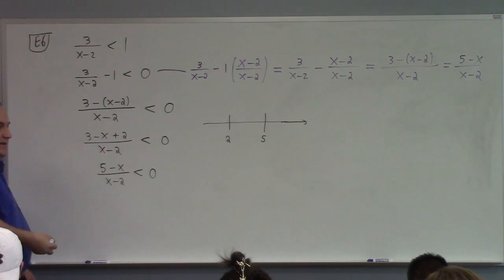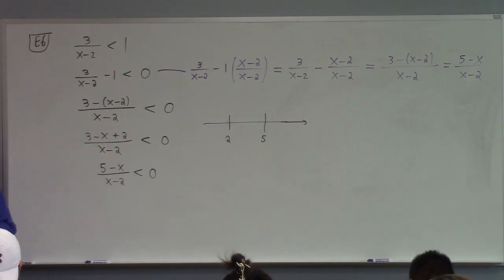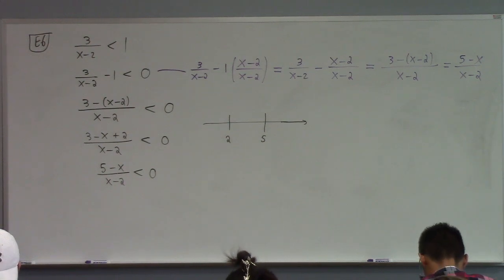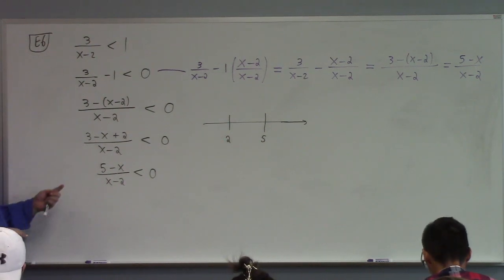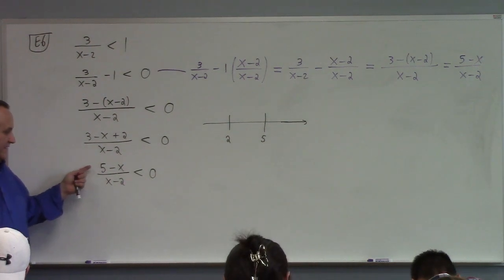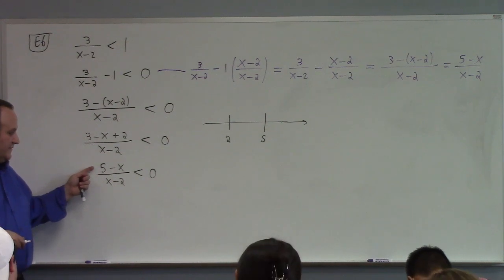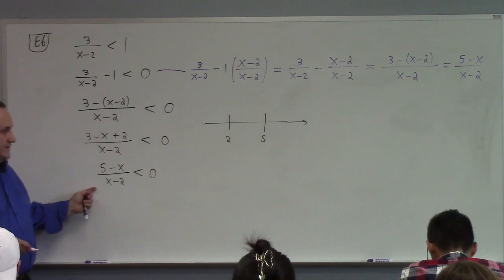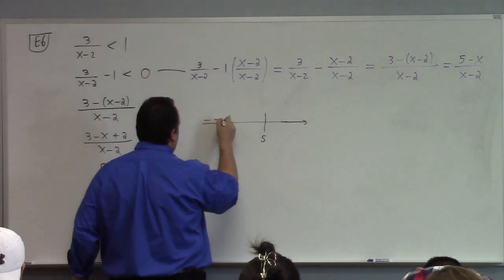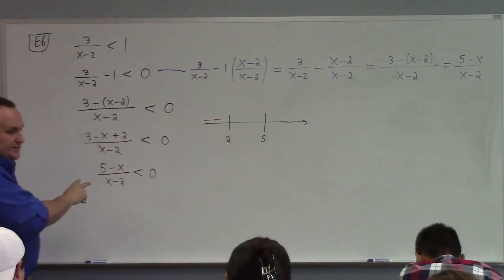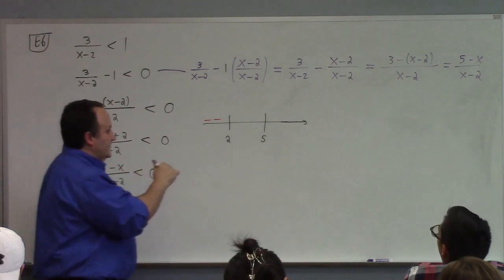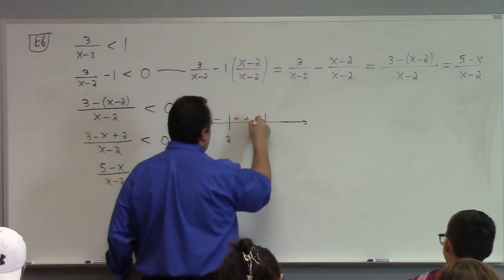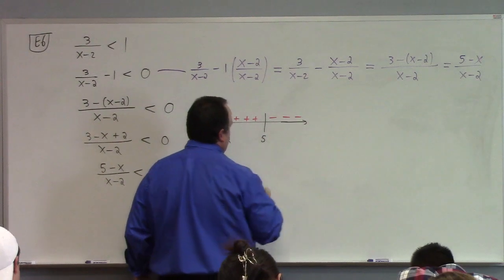How about 0? Let's plug in 0. What happens when we plug 0 into that fraction? Five minus 0 over 0 minus 2. I get positive over negative, which is negative. Both of these are linear, so we get 2 sign flips: minus to plus, plus to minus.